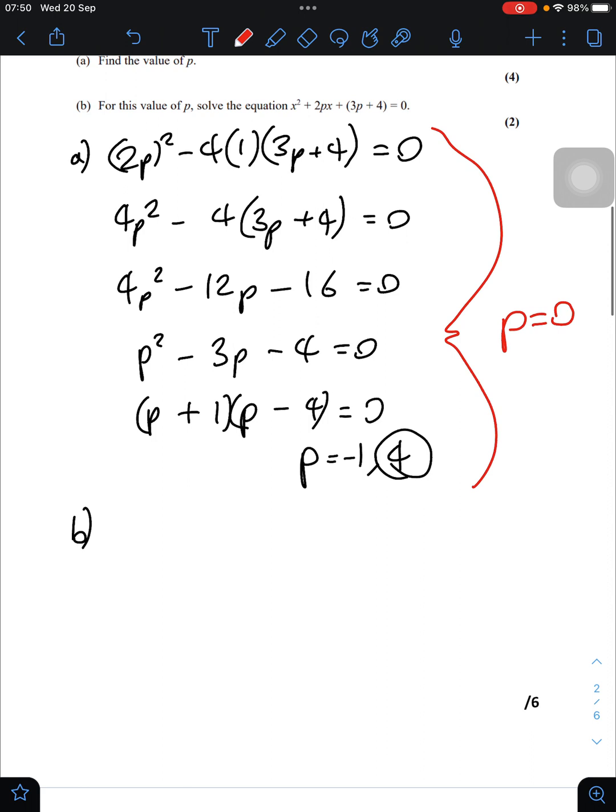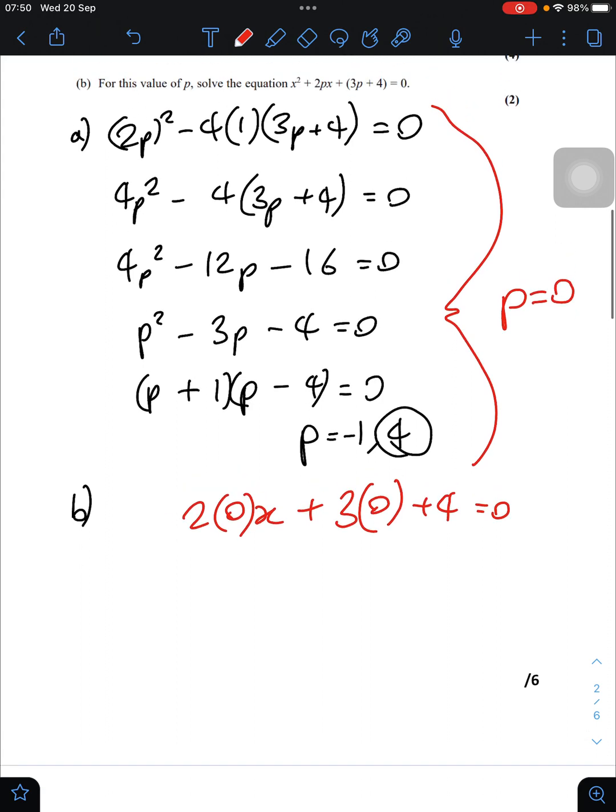So if you plugged in 0, you'd have 2 times 0x plus 3p, but p is 0, plus 4 equals 0, and that plus x squared. And so therefore all you'd have left over is x squared plus 4 equals 0, and so you could say x equals plus or minus the square root of minus 4, which doesn't exist, of course, but that would still get you the 2 marks for this question. But let's do it properly.